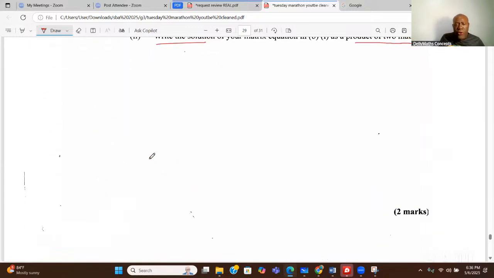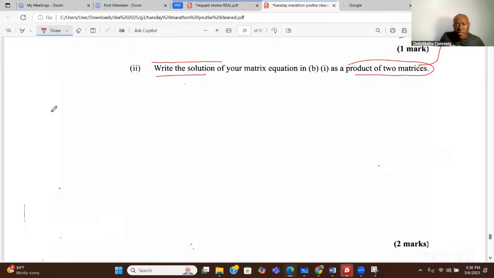So let me explain what I'm going to do and then I write it. If we have AX equal B, and we're going to write this, which is my variables, as a product of 2 matrices, I'm going to have to find the inverse of A and multiply it by the B, of which we have our inverse.